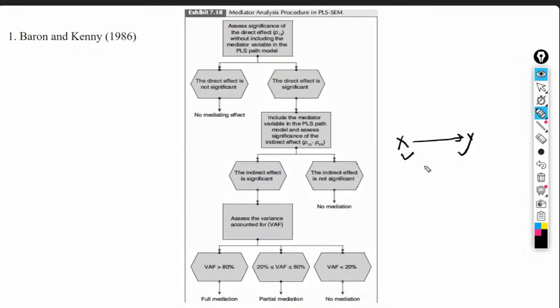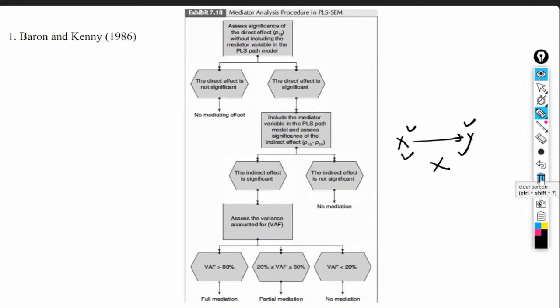According to Baron and Kenny, first of all there should be a significant relationship between X and Y. If there is no significant relationship between X and Y, we will not perform the mediation analysis.